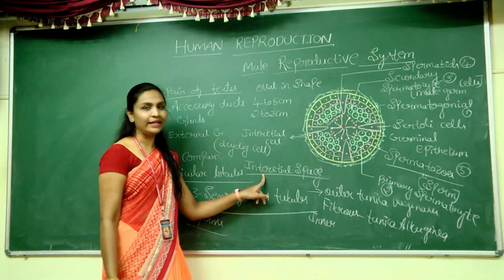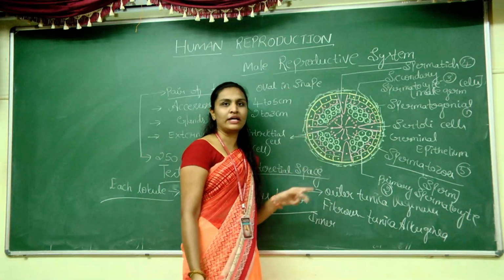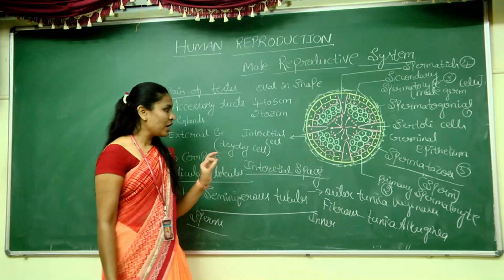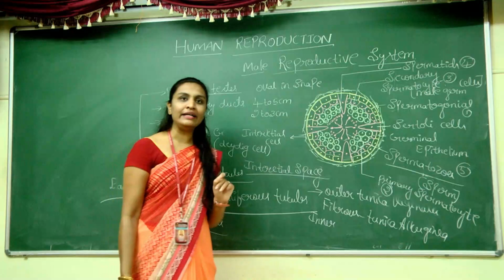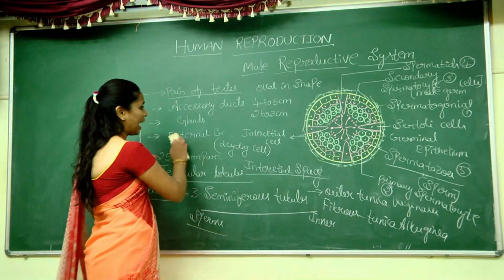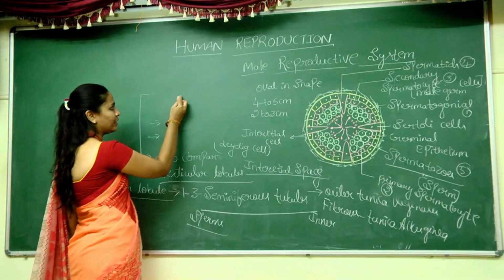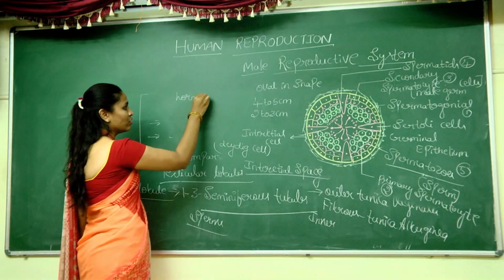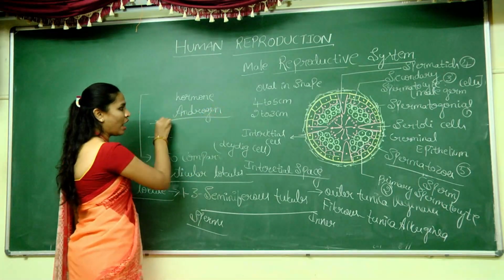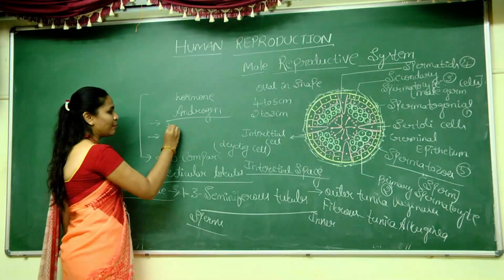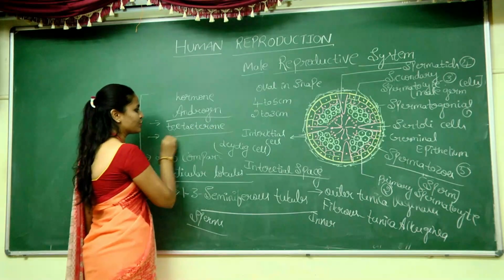The interstitial cell is present in the interstitial space, which is located outside the seminiferous tubule. The interstitial cell, or Leydig cell, secretes a testicular hormone called androgen. An example is testosterone.